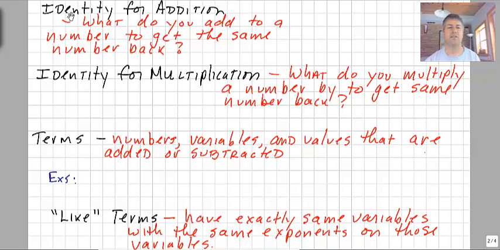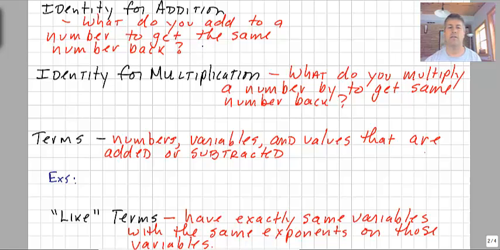More definitions, the identity for addition. So when you see identity for addition, you're going to ask yourself, what do you add to a number to get the same number back? What do I have to add to something to get a number back?